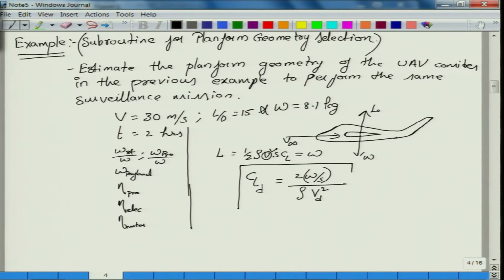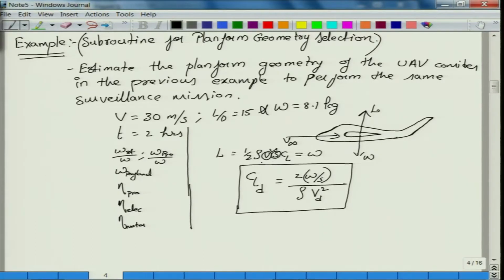Now, assuming this particular Planform, the Planform parameter that comes into L equals W is the area of the wing, is it not, the area of the Planform. That is the only thing that I require to design in the first place, and then we will see how, using that Planform, I can achieve that particular CL design. Then we have to look into the cross sectional properties, is it not.